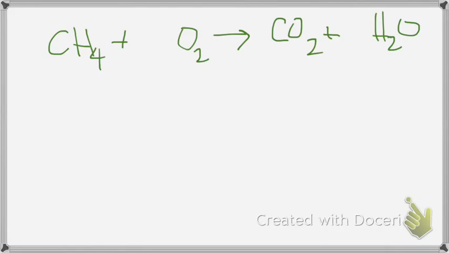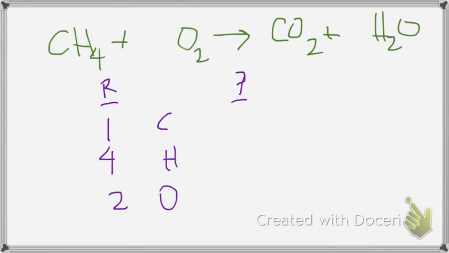Let's make our RP chart. Reactants, products, C, H, O. We have 1 carbon, 4 hydrogens, 2 oxygens. We have 1 carbon, 2 hydrogens, and 3 oxygens.